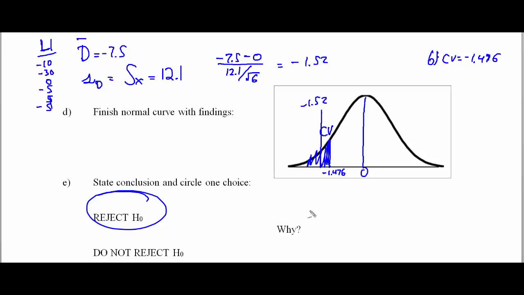So why? Well, since our -1.52 is less than -1.476, and I could have flipped that around and flipped the symbol around too, since -1.52 is less than -1.476, we will reject the null hypothesis.